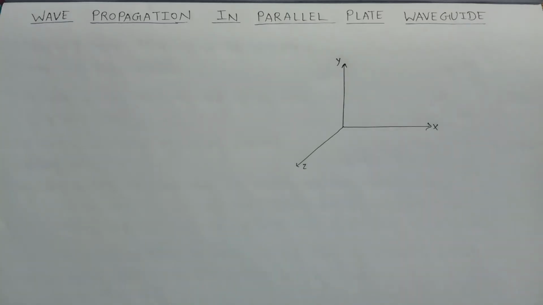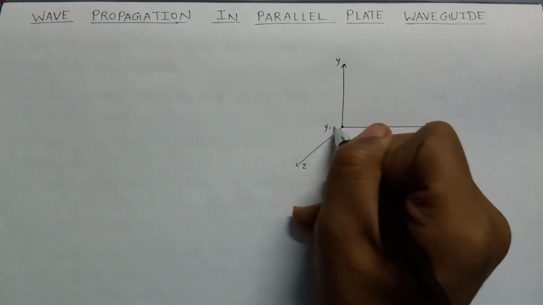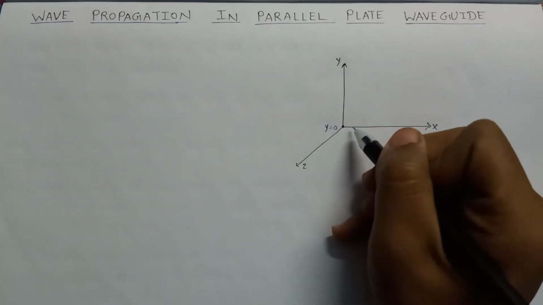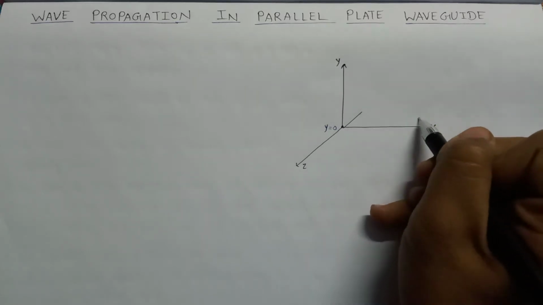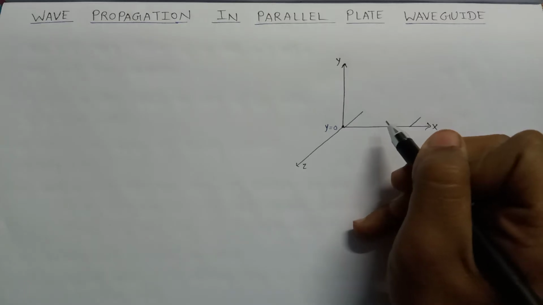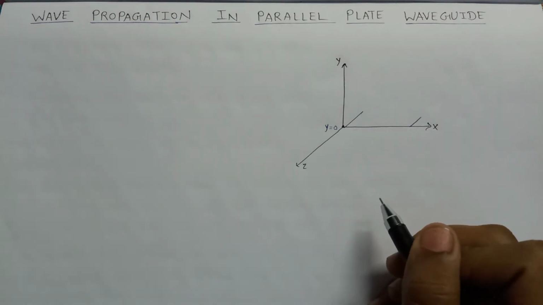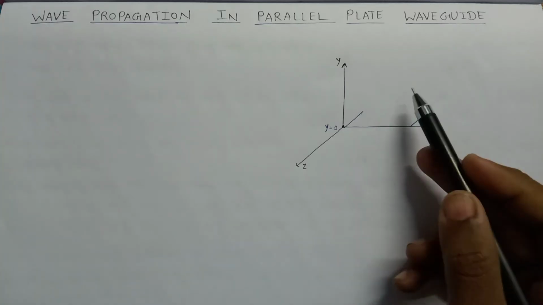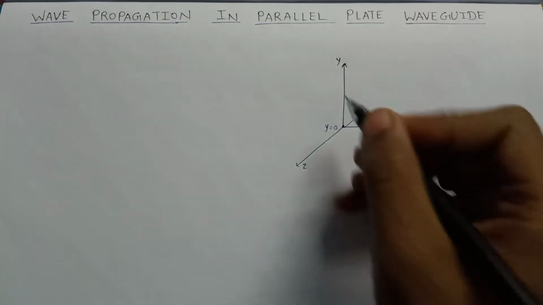Now let us assume a plate that is aligned along the x-axis, having the width w, at y equals 0. So here is the y equals 0 point, and we are assuming a plate here. This is the plate which aligns with the x-axis, and let us assume another plate over it at y equals d, which is parallel to the bottom plate.